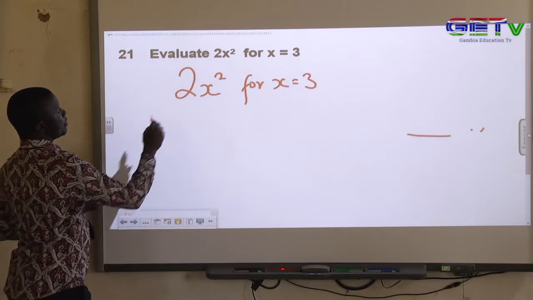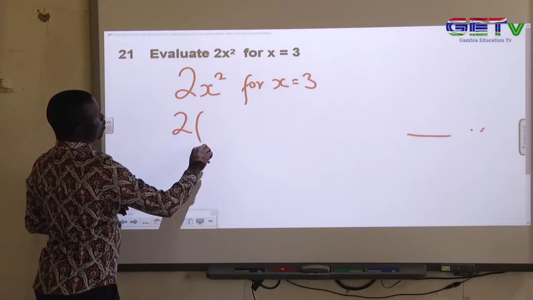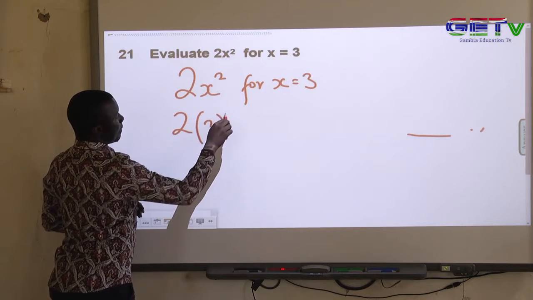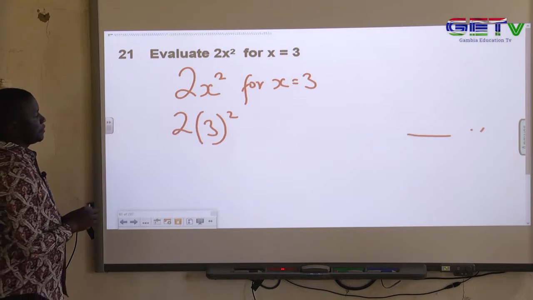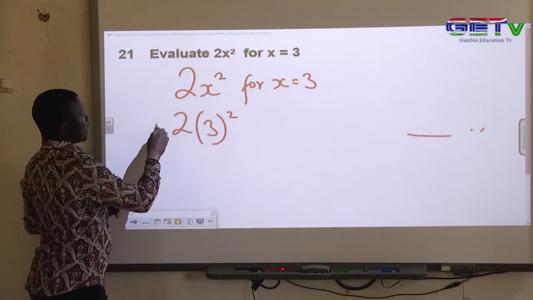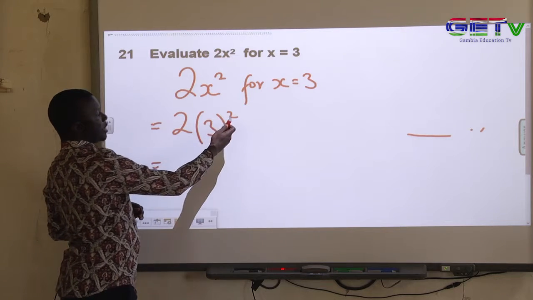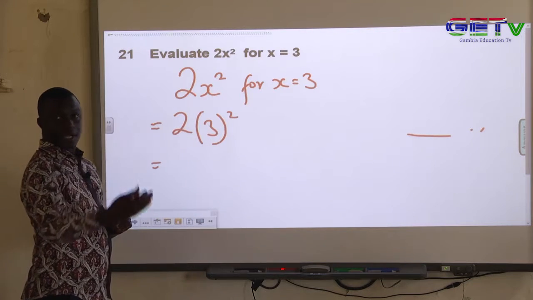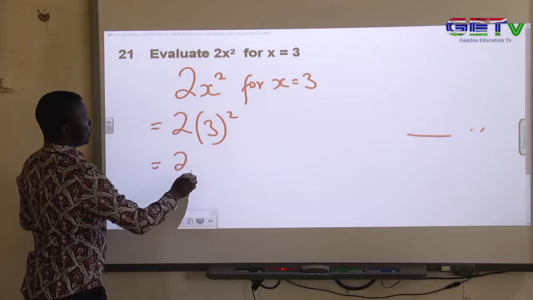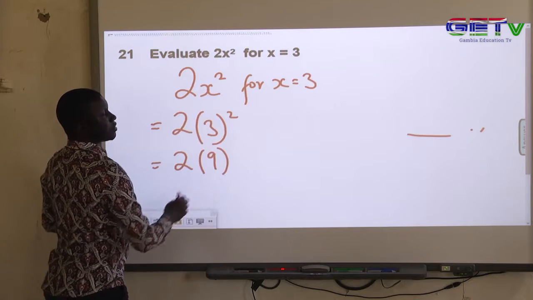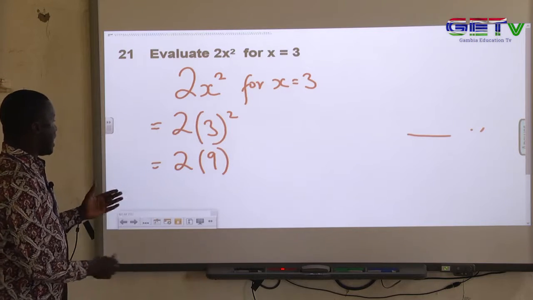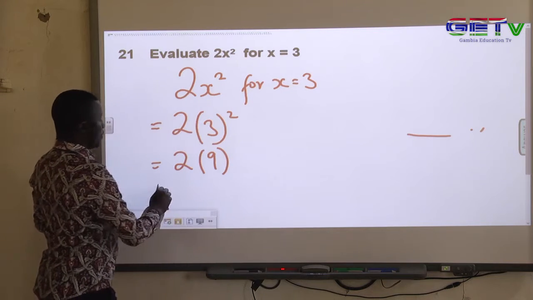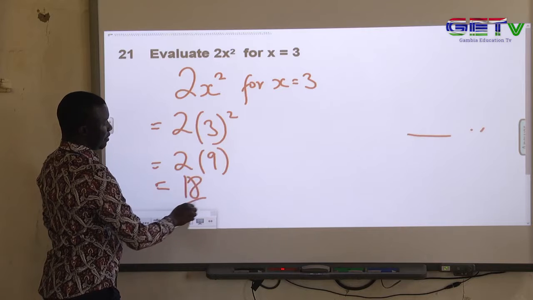Now we substitute. 2 into x is 3, and then the square of 3. The square of 3 is 3 times 3, which is 9 obviously. So 2 times 9. We shall finally have 2 multiplied by 9, which is 18 as our answer.